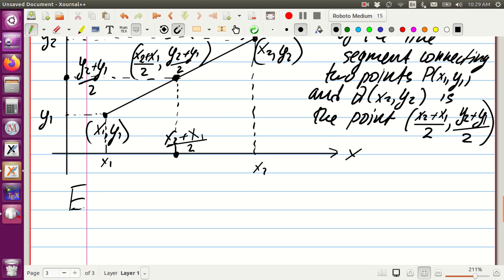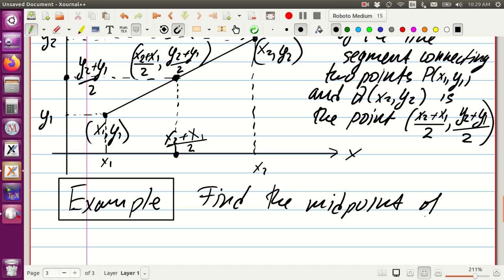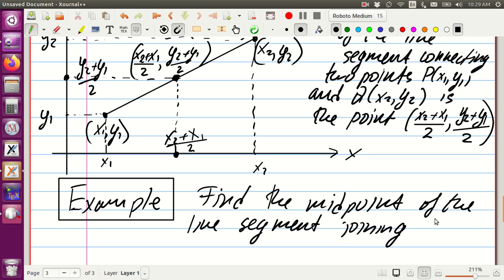So one example to finish this week is this example. The assignment asks us to find the midpoint of the line segment joining (3, -4) and (7, 2).